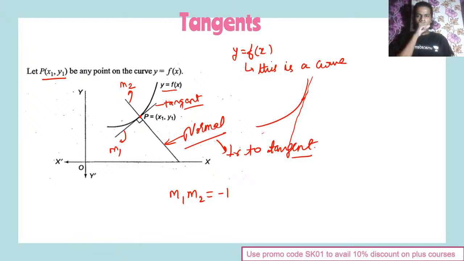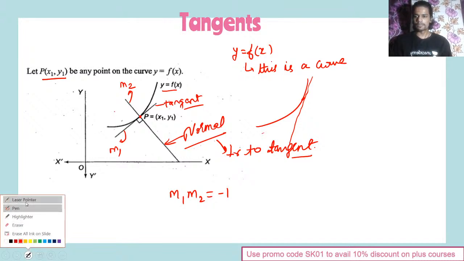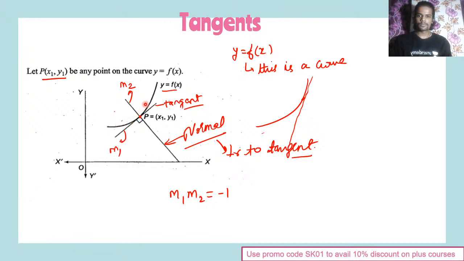Fine. So this is the basic definition. I hope you don't have any doubt with this. Just look at the figures. I will explain the things again. This is the curve, and this is the point at which you want to observe things. At this point, this is a line which touches the point and the curve. It just touches it.